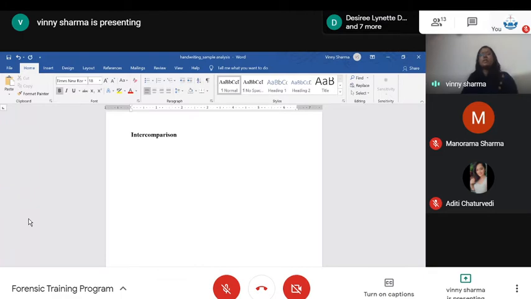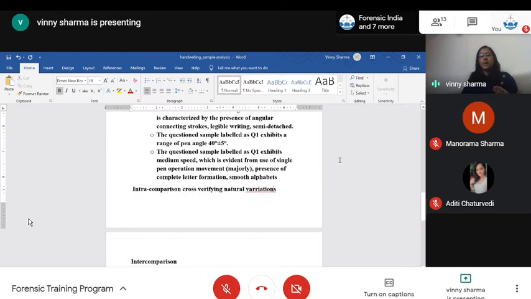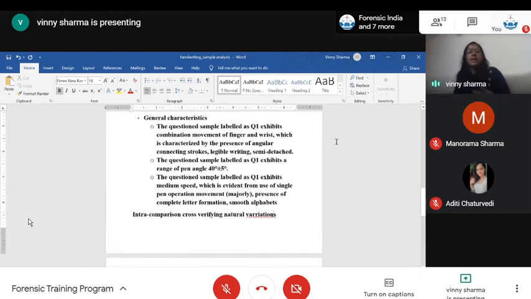And when you are writing about these samples, whether it is intercomparison or intracomparison, though you will find that the way I say it is lengthy, it is still easy to understand. Don't use complicated scientific words. Don't use hi-fi English vocabulary. Use simple language, to the point, and be precise.